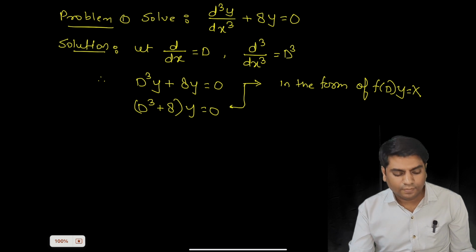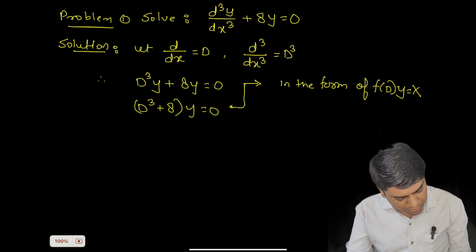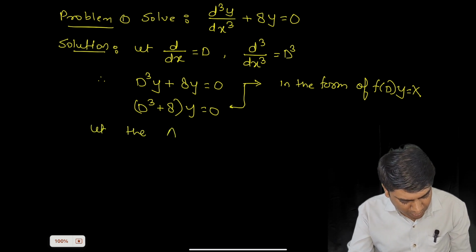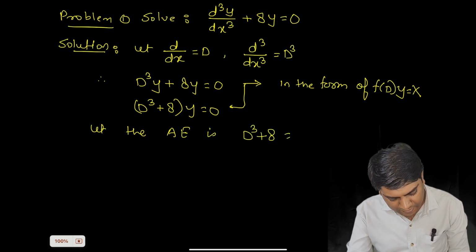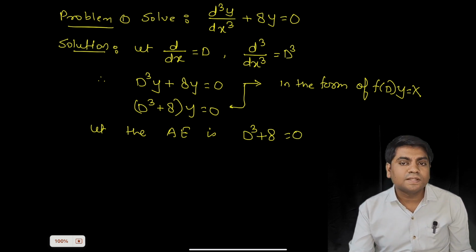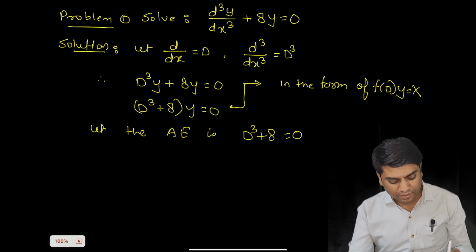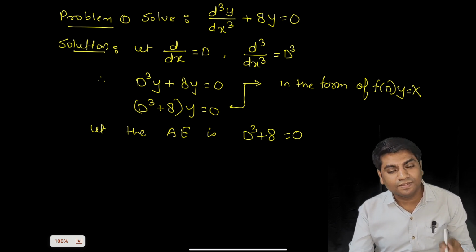Now we have to find its complementary function and particular integral. So let the auxiliary equation be D cube plus 8 is equal to 0. Okay, and we know that D cube plus 8 is equal to 0 implies D cube is equal to minus 8 and D is equal to minus 2. Since it is a polynomial of power 3, it will have 3 roots.